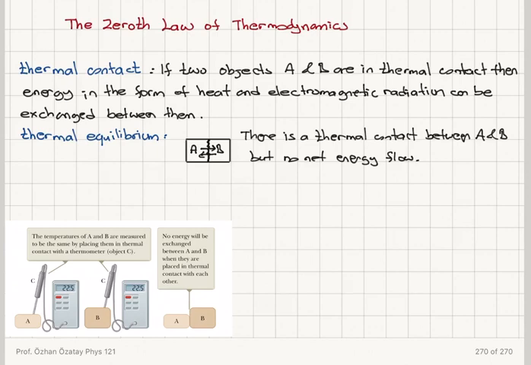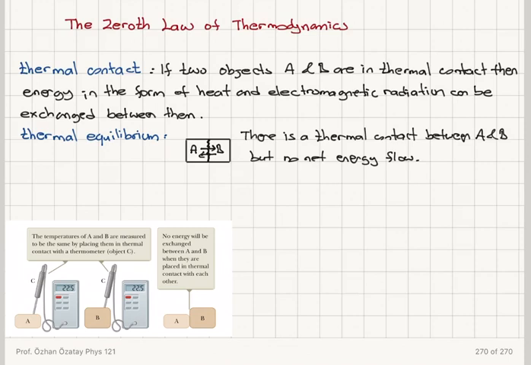No energy exchange in the form of heat or electromagnetic radiation, no net exchange of energy is needed in order to reach thermal equilibrium.